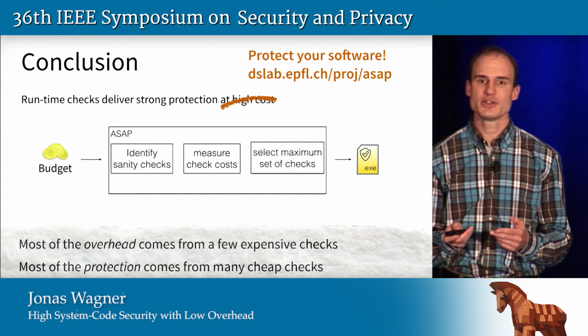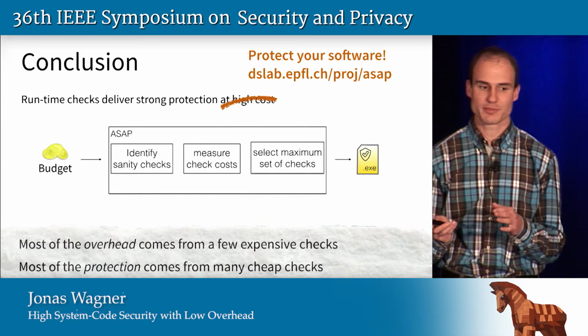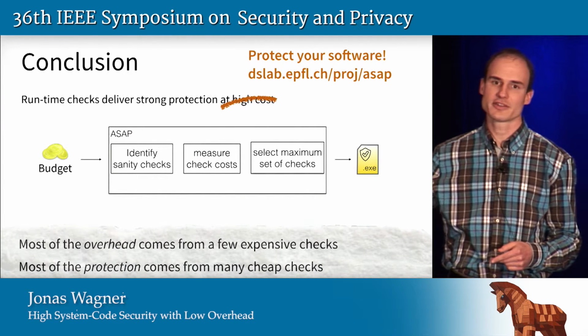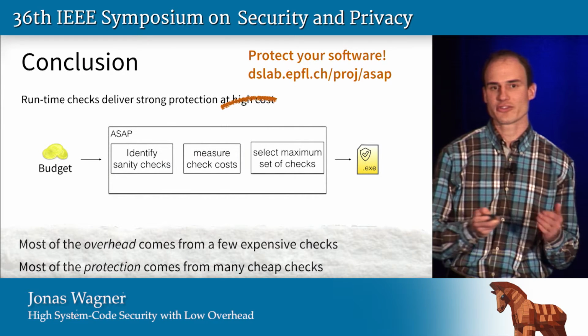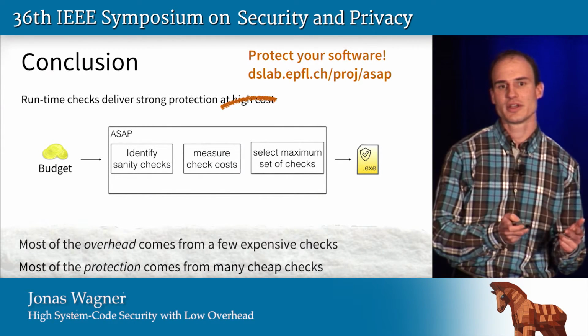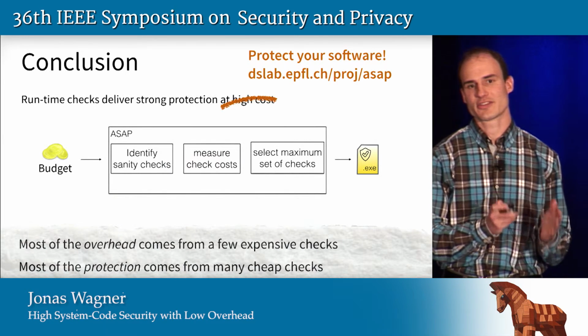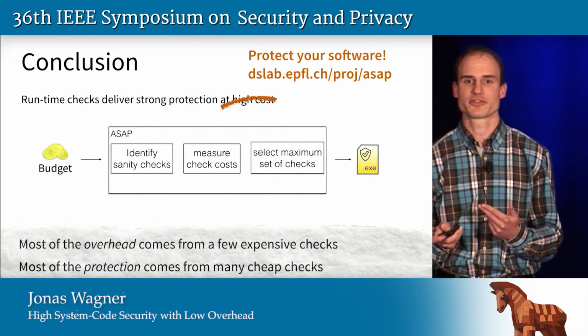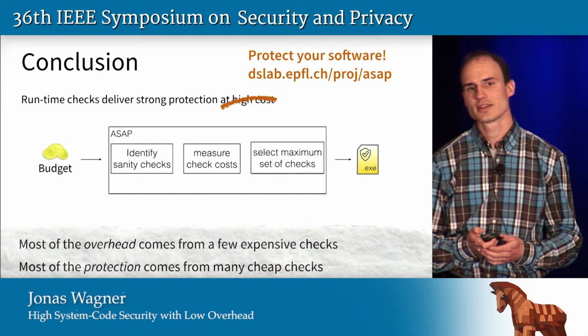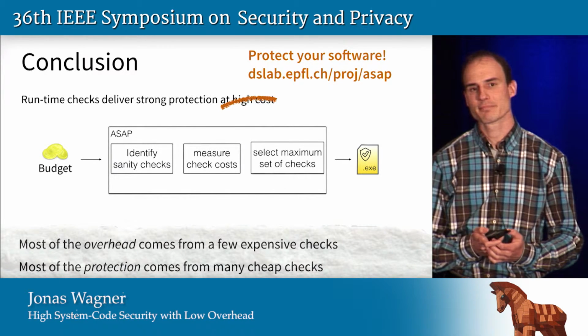Now, what we do is we decide purely based on their cost, and we show in the graph about Python that this is actually a conservative assumption in some sense, in that checks that are cheap tend to have a slightly higher impact for protection than checks that are expensive.